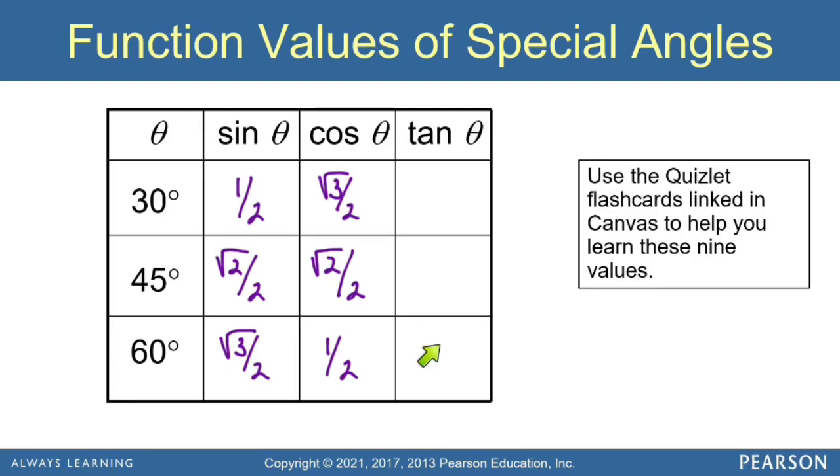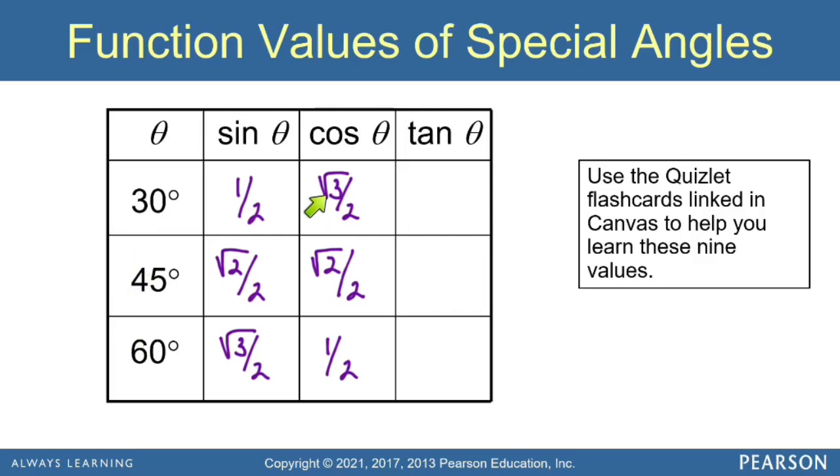Okay, now before we do the tangent values, I want you to notice something here. All 3 of our sine values and all 3 of our cosine values all have 2 in the denominator. The sine values grow as the angle grows. So we start with 1 in the numerator, and then we have square root of 2, and then we have square root of 3. But the cosine values shrink as we go from 30 to 45 to 60 degrees.